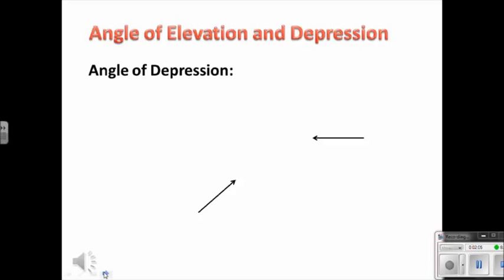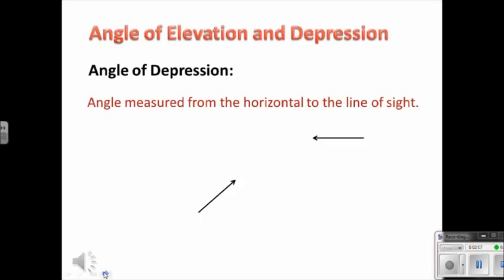The angle of depression is exactly the same as the angle of elevation, except here we're looking down. So the horizon line may be elevated in the air, and we're going to look down. So now I have an example of a tower, and we're going to pretend that sitting on top of this tower is a little alien guy.